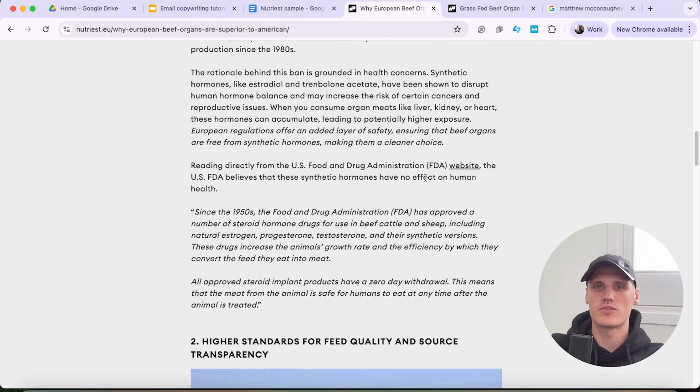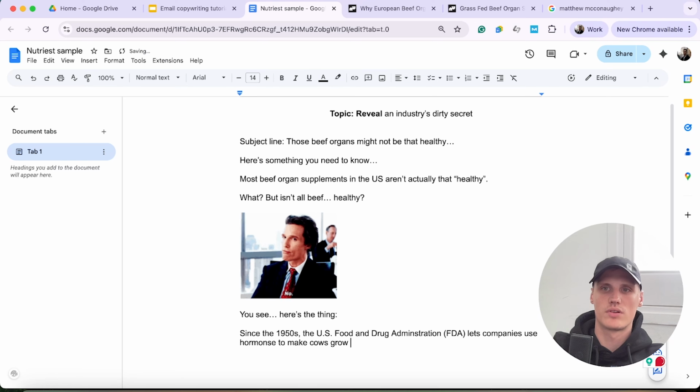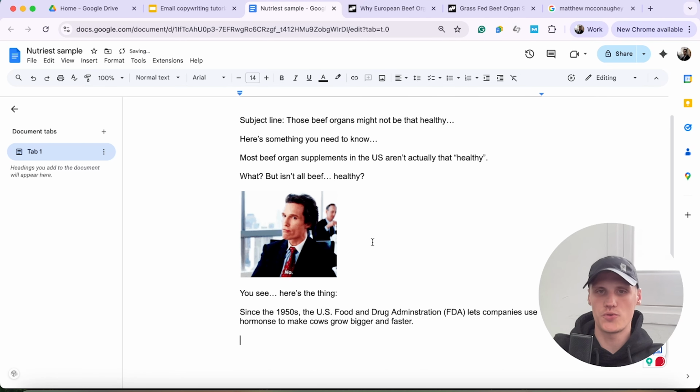I'll say: since the 1950s, the US Food and Drug Administration, FDA, has approved a number of steroid hormone drugs used with beef cattle and sheep, including natural estrogen and testosterone. This has let companies use hormones to make cows grow bigger and faster. So this is the first proof.